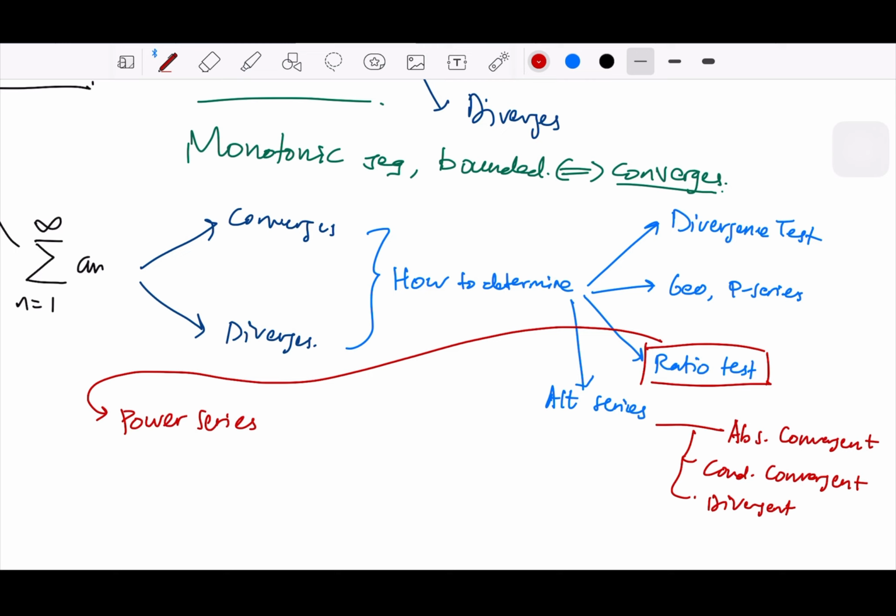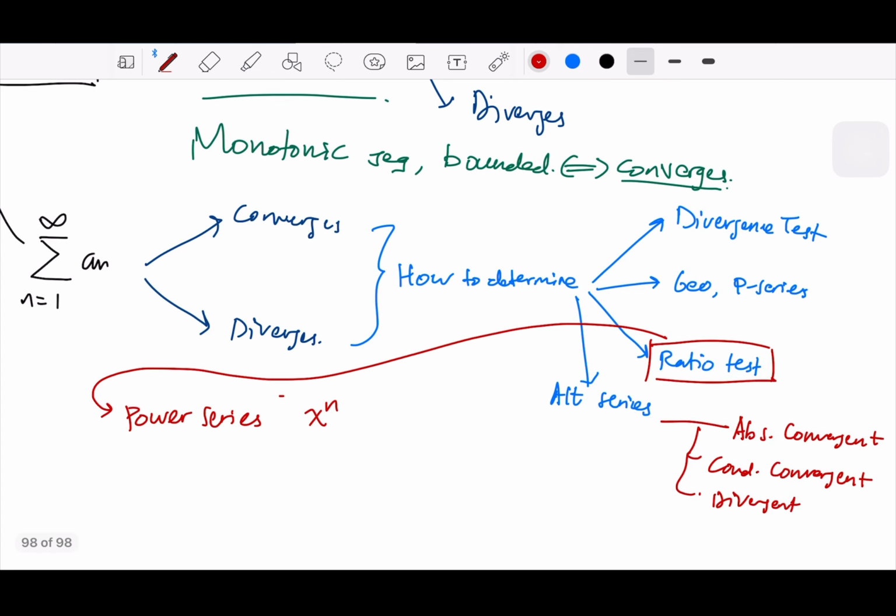It starts from x to the power of n. We can have 1 plus x plus x squared plus x cubed and so on, and we can represent this as 1 over 1 minus x.